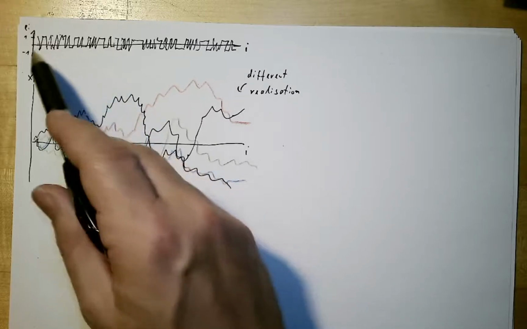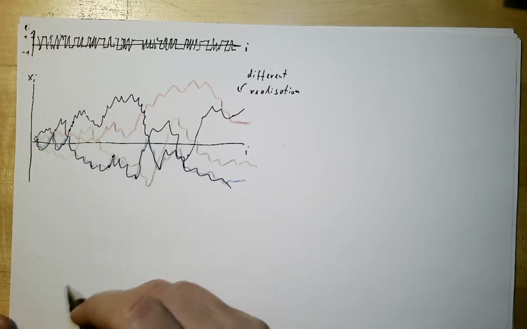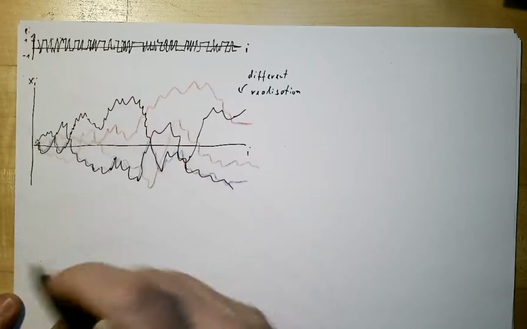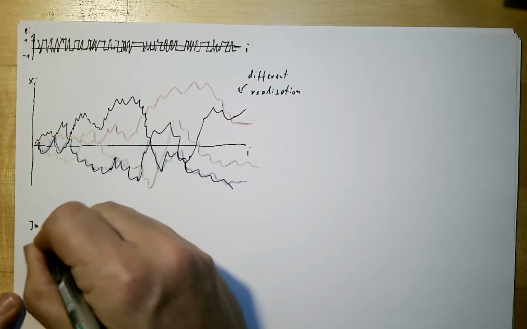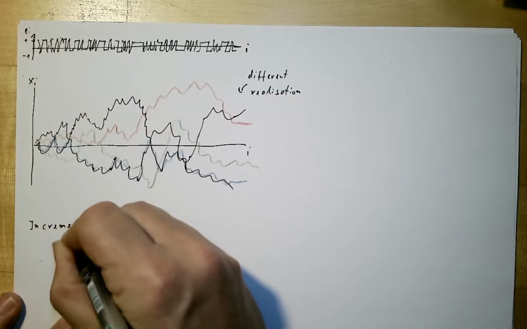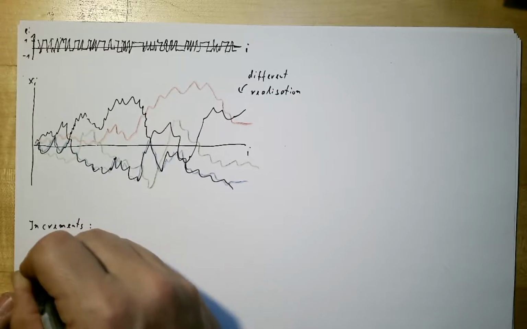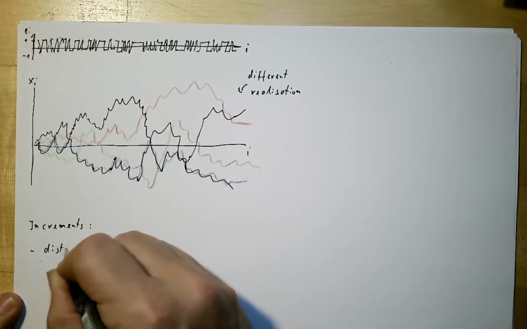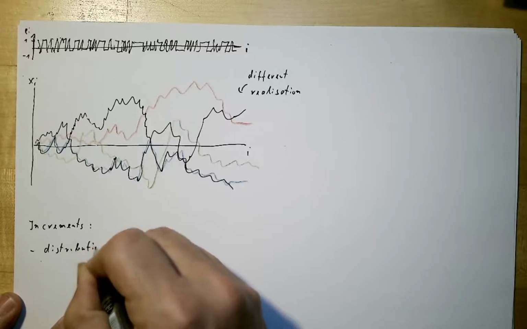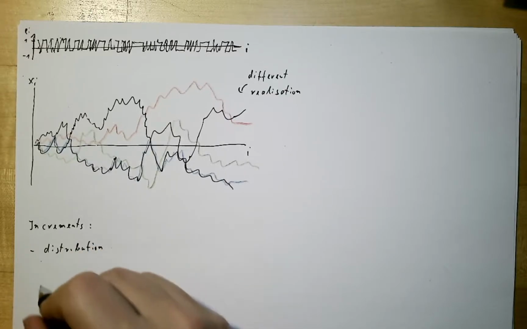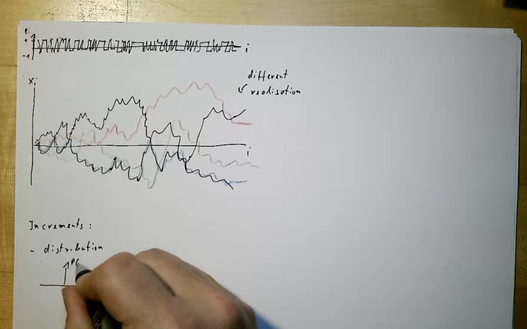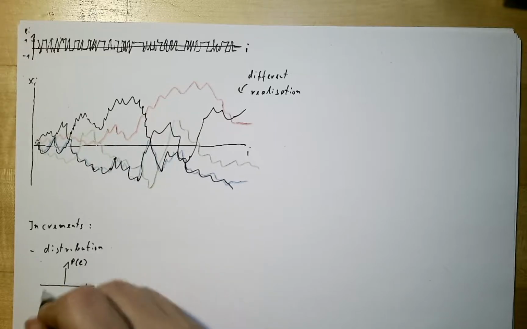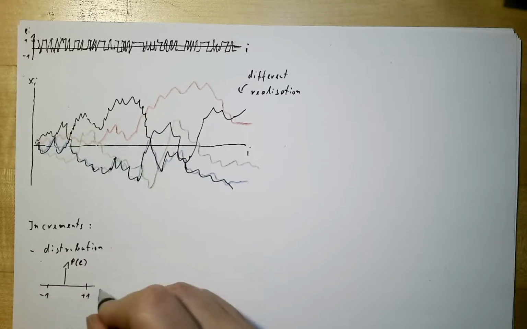So now this was a stochastic process where the increments were taken from a certain distribution. And here, for example, we had this Bernoulli trial, P of e was either +1 or -1.